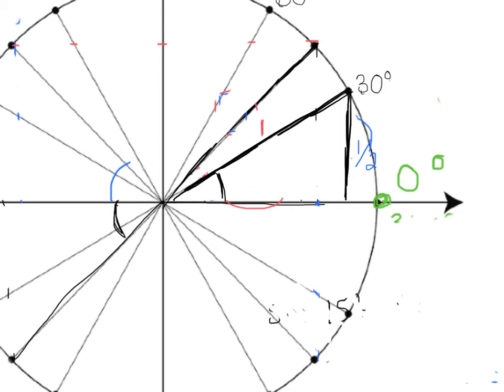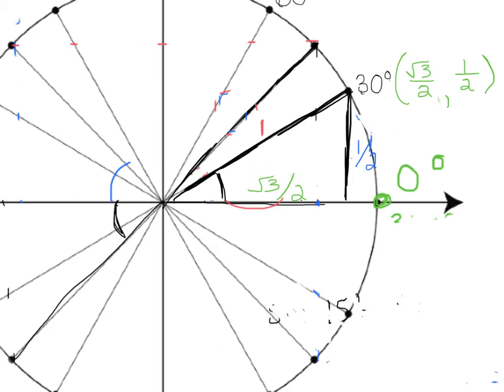And then the side length that we just found had a value of radical 3 over 2. For the coordinate, our horizontal translation would be radical 3 over 2 to the right, and we got shifted up 1/2 unit.